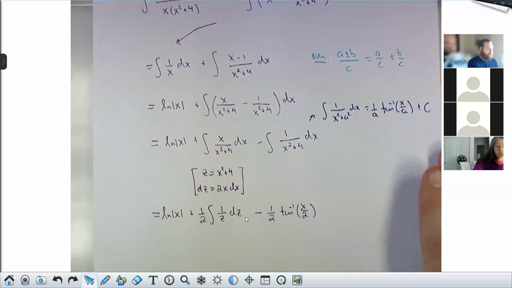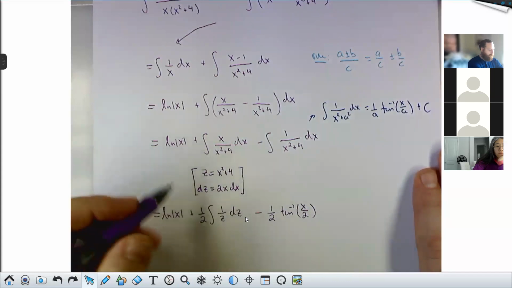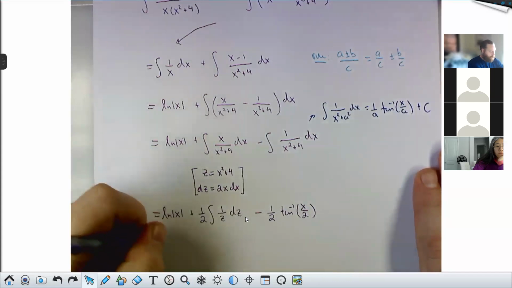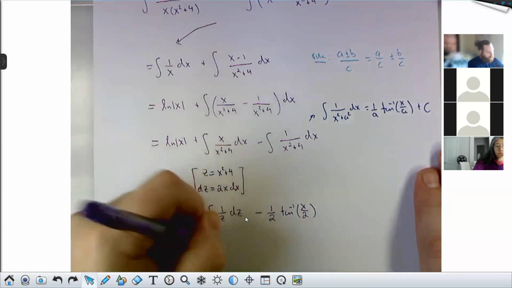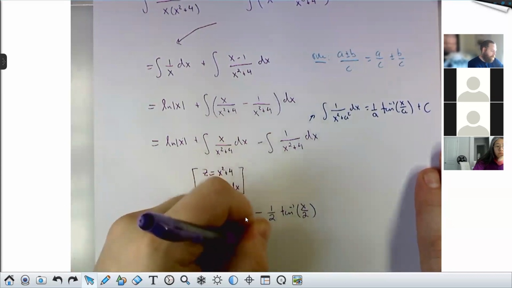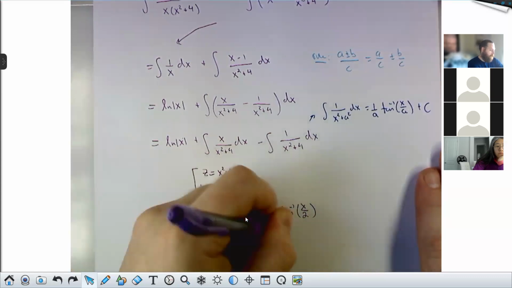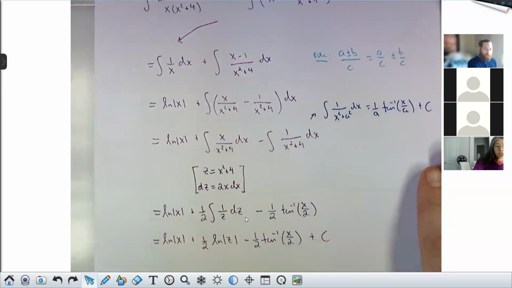I'm leaving off the plus c because I still have an integral here. I can do that. Finally, the integral of 1 over z is the natural log of the absolute value of z. This is plus 1/2 ln absolute value of z. And then I've got my minus 1/2 inverse tangent of x over 2. And I'll write a plus c at the end here.